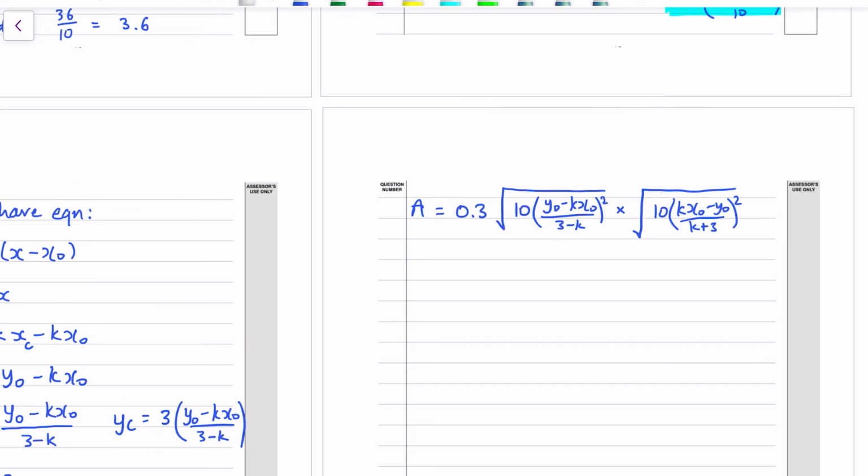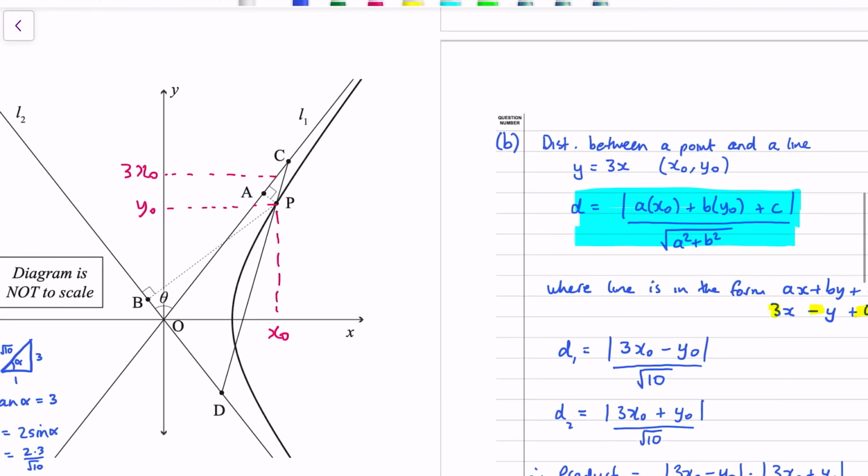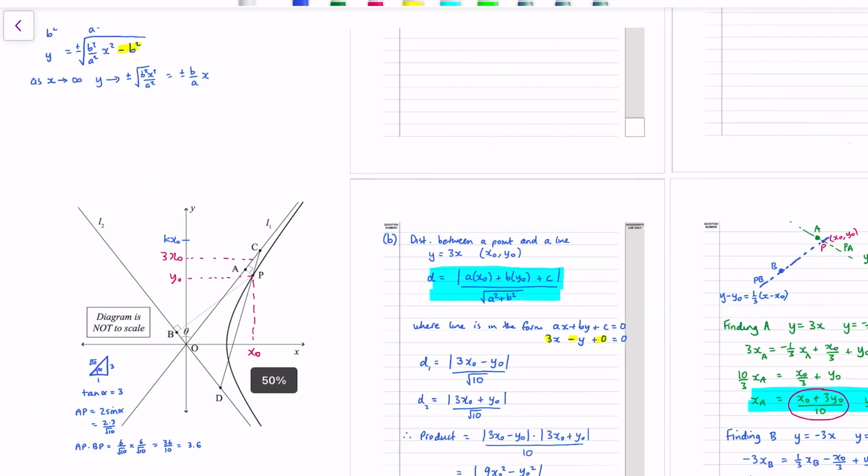Okay, we need to note here that kx0 is bigger than y0. And the reason for that is k is bigger than 3. We talked about that earlier. And for the same logic as what I drew in the diagram there, kx0 will be somewhere up here if k is bigger than 3.